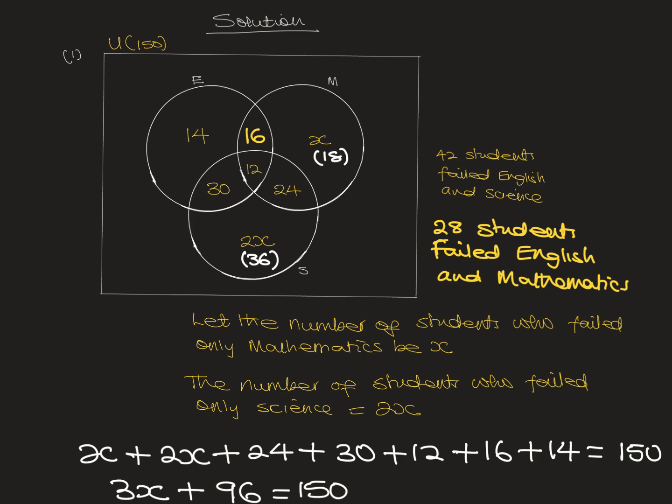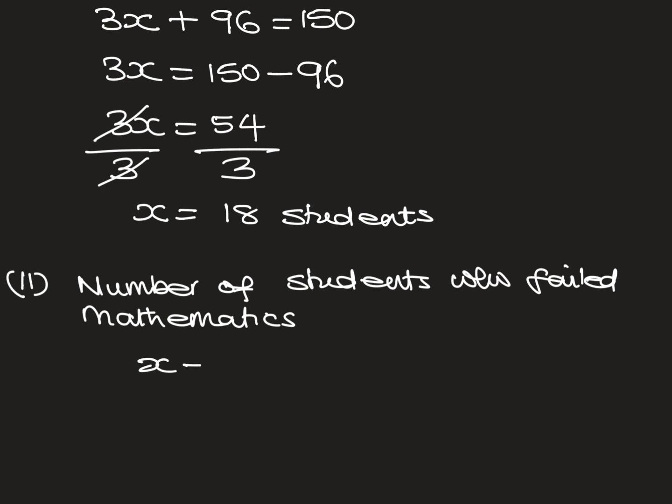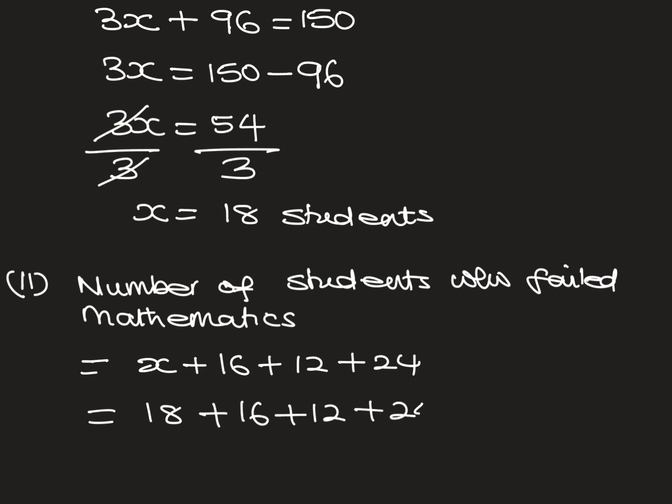X plus 16 plus 12 plus 24 will be the total number of students who failed mathematics. And that is going to be X is 18 plus 16 plus 12 plus 24.